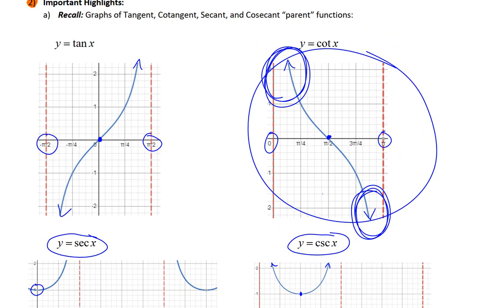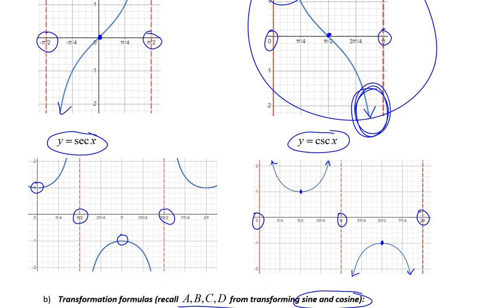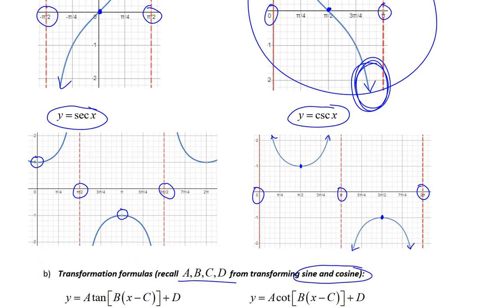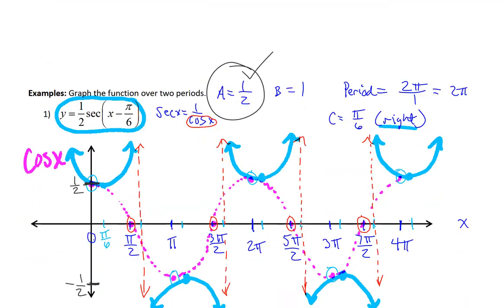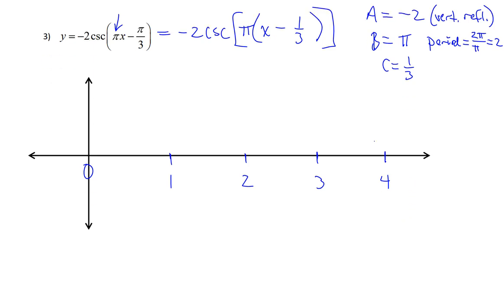For tangent and cotangent, you see a single curve between 2 asymptotes for one period. For secant and cosecant, you see 2 branches and 3 asymptotes for the parent function. So notice here, for the parent function of cosecant, you see an asymptote on the left, right, and middle for one full period. Let's now go down to our transformed graph and see if we can put this in place. We're looking at 2 full periods, which means you would expect to see 3 asymptotes in each of those periods.